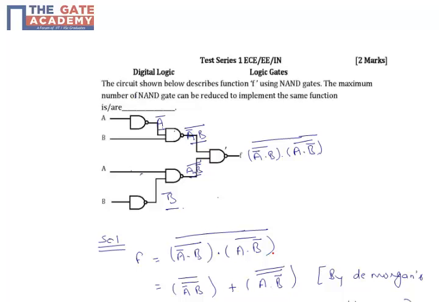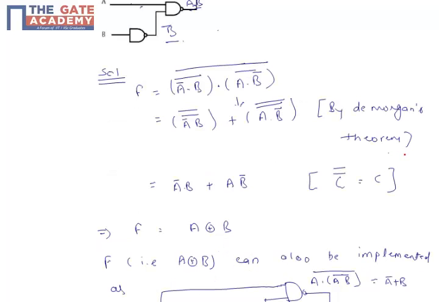To get from here to here, we have used De Morgan's theorem, which says, I am pretty sure you know what De Morgan's theorem is, but for more clarity I am telling it here: if we have two inputs A and B, and we take (A into B)whole bar, it is going to be equal to A bar plus B bar.